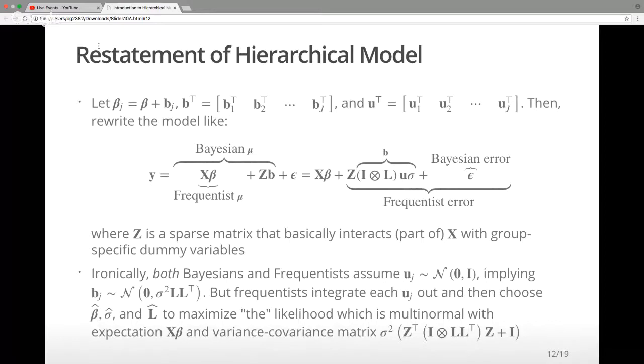Whereas Bayesians are conditioning on X and Z, and conditional on both X and Z, the observations are assumed to be conditionally independent, and thus the likelihood from the Bayesian perspective is just n univariate normals, one for each of the observations, conditionally independent and multiplied together.